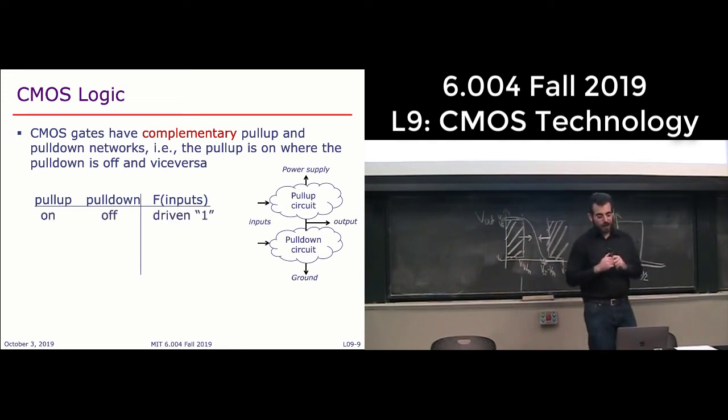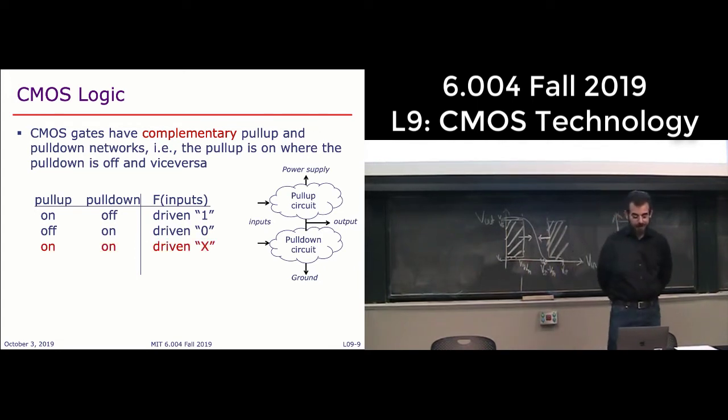If the pull-up is on and the pull-down is off, then we're driving the output to the power supply voltage, to a high voltage, to a digital 1. Conversely, if the pull-up is off and the pull-down is on, we are driving the output to a digital 0.